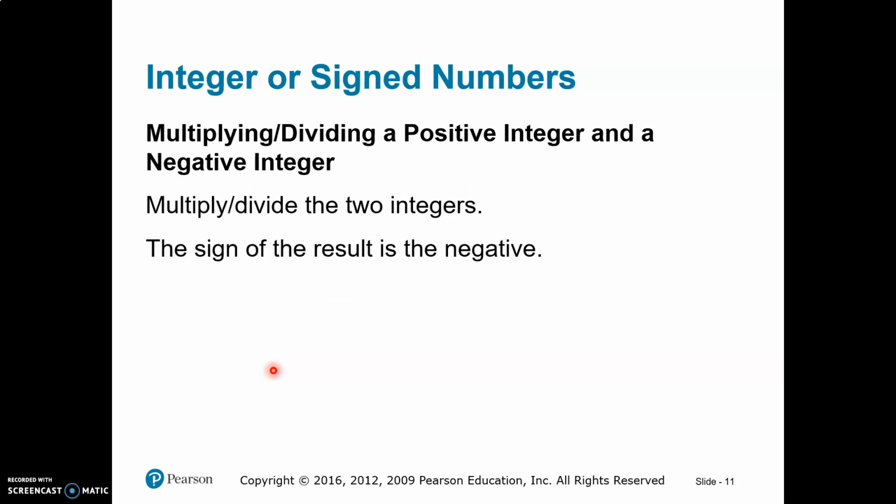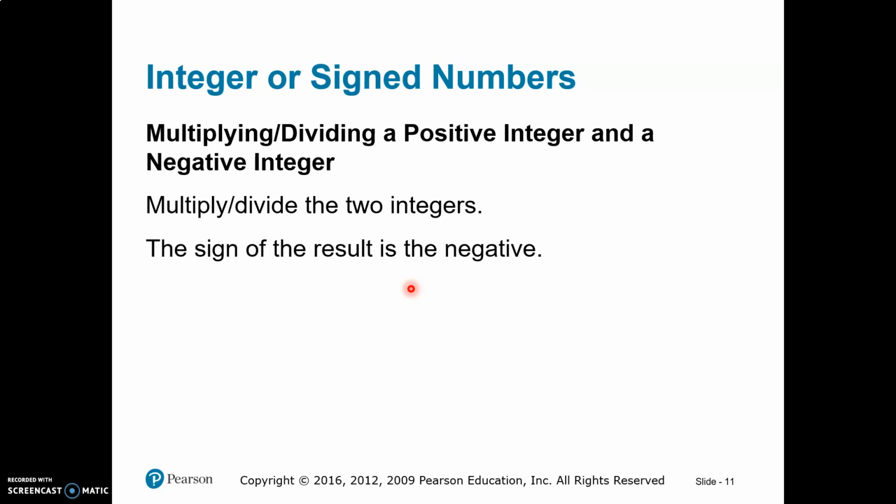Now, what about divide and multiply? When we divide or multiply a negative integer and a positive integer, we simply multiply or divide the two integers, and the result is always negative.